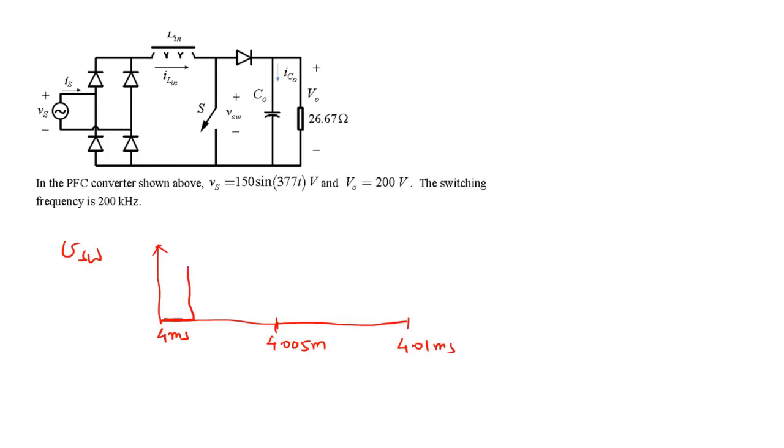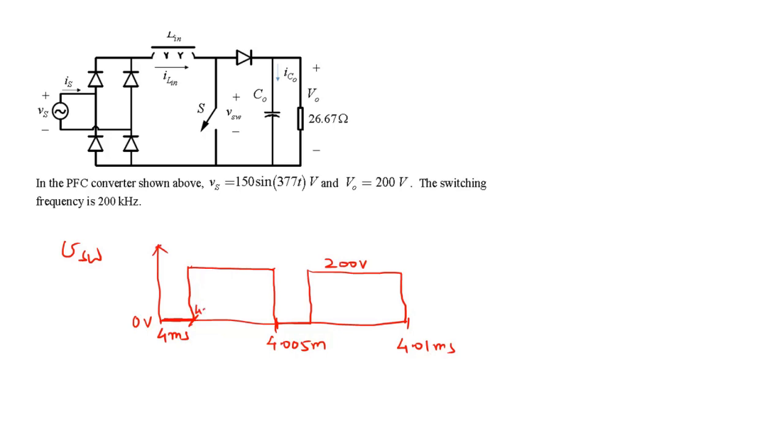Then it jumps to the supporting voltage, which is the output voltage, VO 200 volts, for this entire off interval, then the next cycle, on interval voltage is 0, jumps to 200.